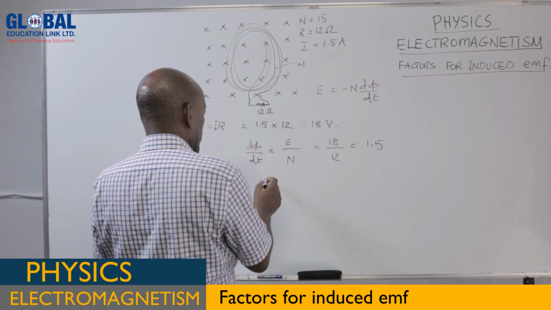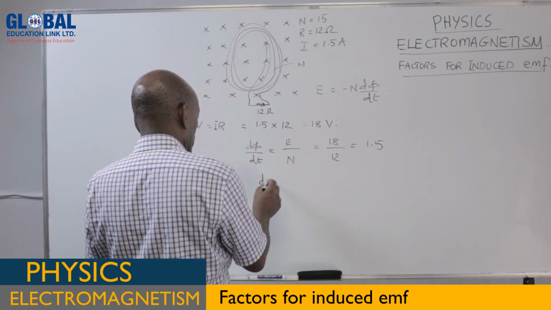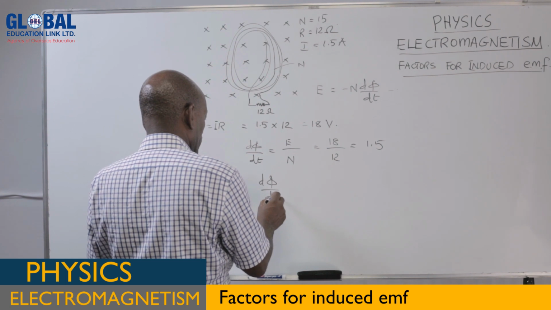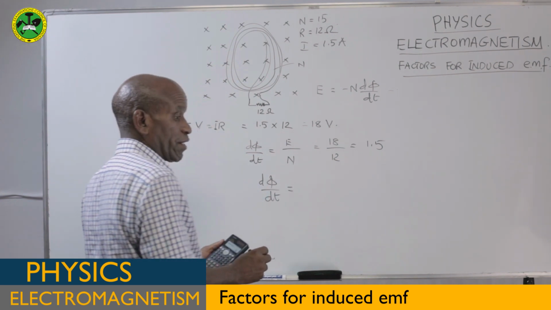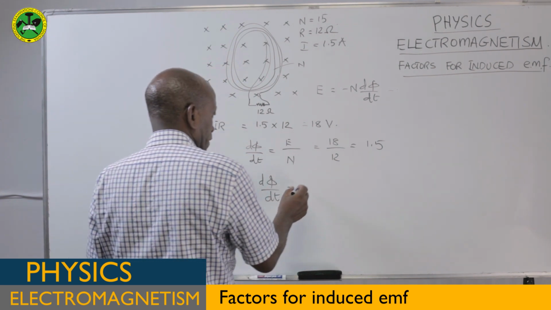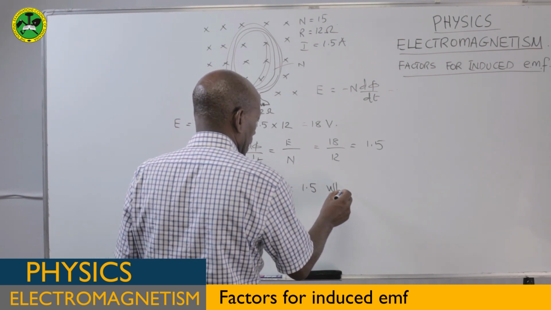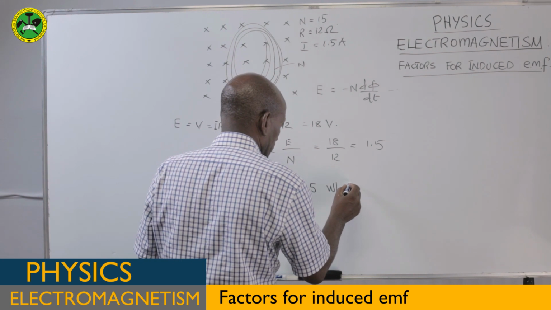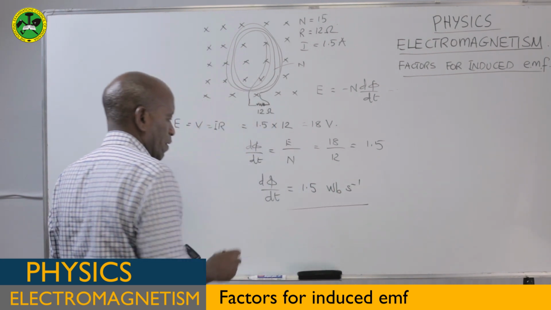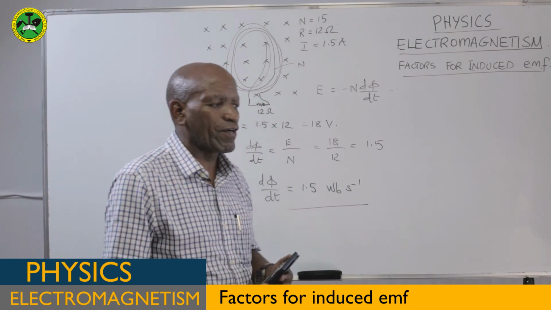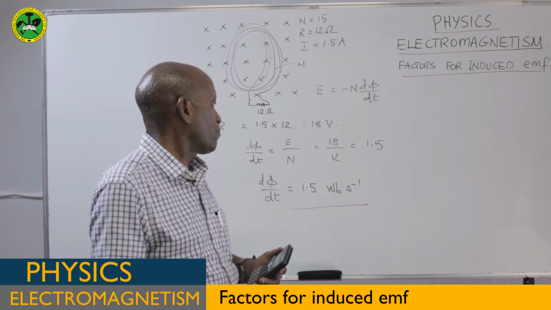So we get the variation of the magnetic flux, which is just equal to 1.5 Webers per second. This is the variation of the magnetic flux.